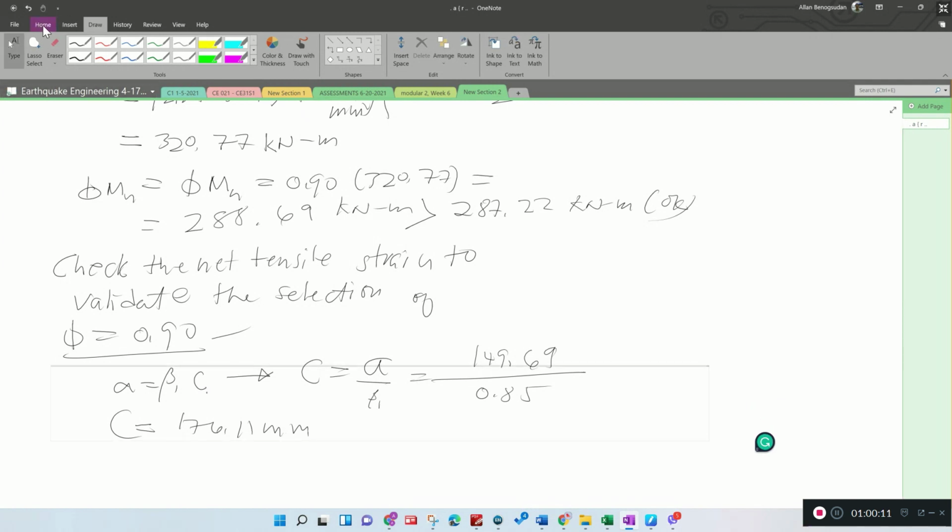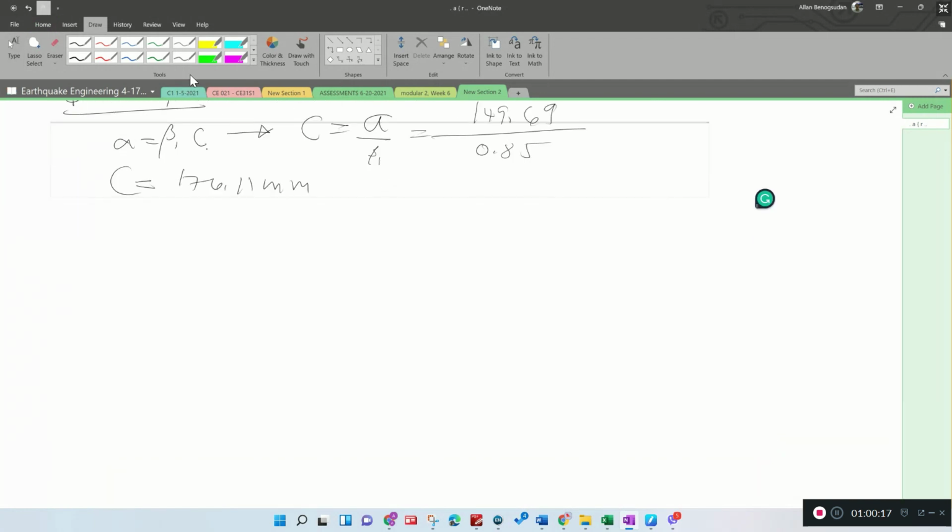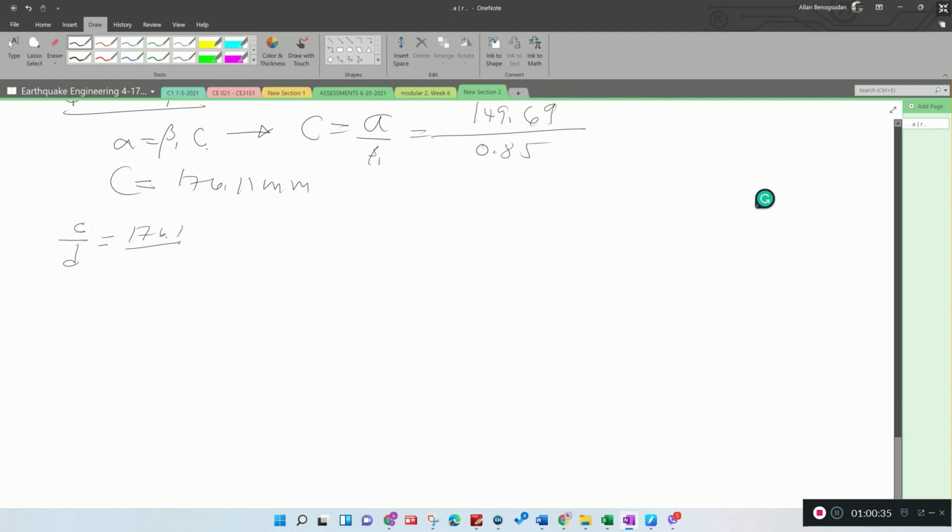Okay? Then you have your c. This is a long process, but you can learn a lot from this and from doing more of these. So c over d, we can use this. Let's check. 176.1 divided by 1435 is equal to 0.12.